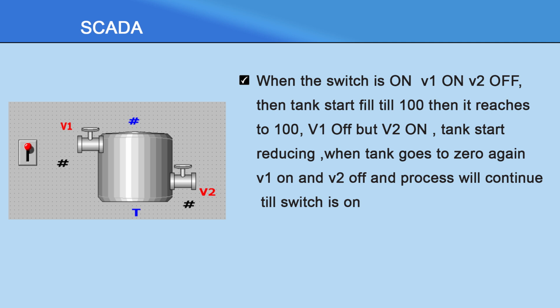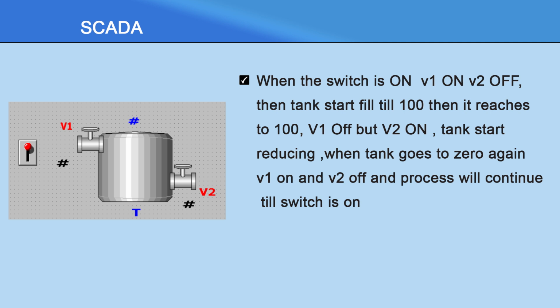Got my point? When the switch is on, the inlet valve V1 will be on and the outlet valve V2 will be off. So your tank will start filling, or the tank level will start rising from 0.